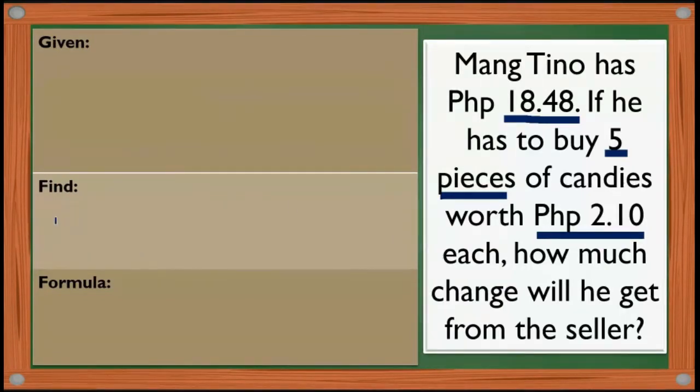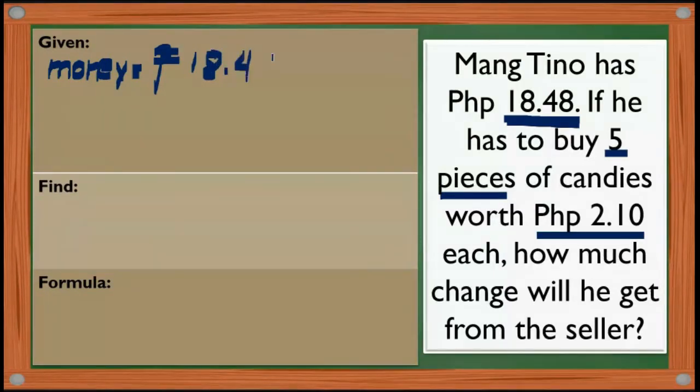So, sulat natin. Ano ba yung 18 and 48 cents? Ano ba yan? That is Mang Tino's money. Money. So, meron tayong money. And lagay natin dyan. Peso sign na lang ang gagamitin ko. 18 and 48 cents.